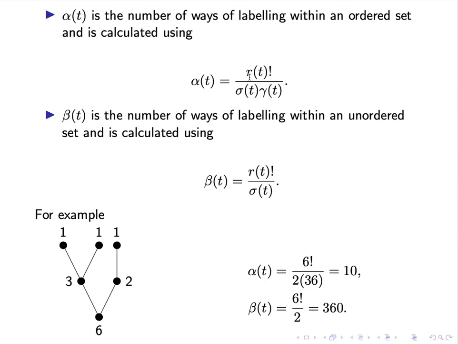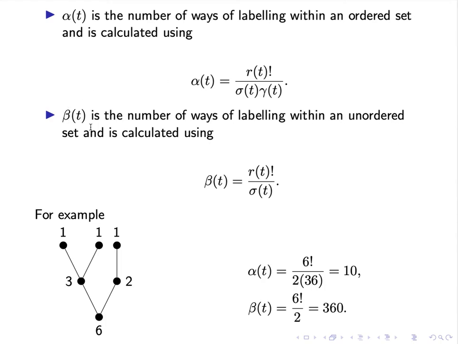And this is given by a quite simple relation. If you know the order, r t, it's the order factorial divided by the symmetry, sigma t, multiplied by the density, gamma t. That will give us the number of ways in which we can label a tree. And that's within an ordered tree, so that's when we haven't swapped any nodes.